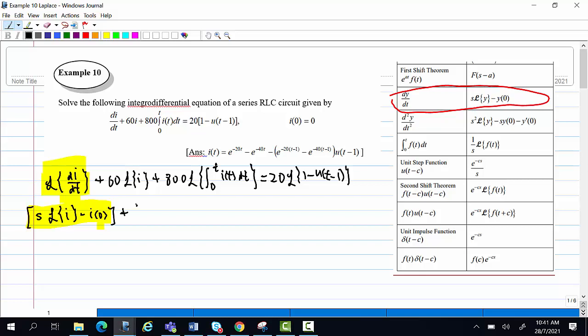Then 60 times the Laplace transform of i, plus 800 times the Laplace transform of the integral, which is actually this formula, which will give you 1 over s times the Laplace transform of i.